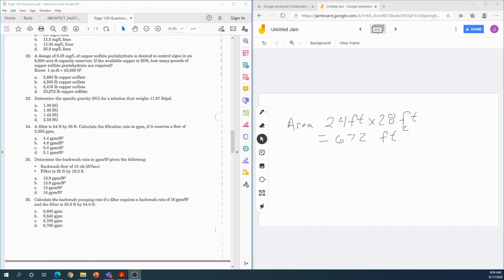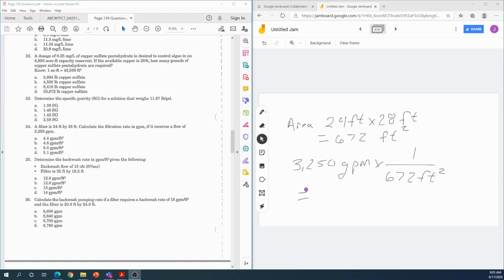Now that's our filter area. So it wants to know the filtration rate in gallons per minute if it receives a flow of 3,250 gallons per minute. They're really looking for a filtration rate in gallons per minute per square foot. So we know we're receiving 3,250 gallons per minute. We know that our filter area is 672 feet squared.